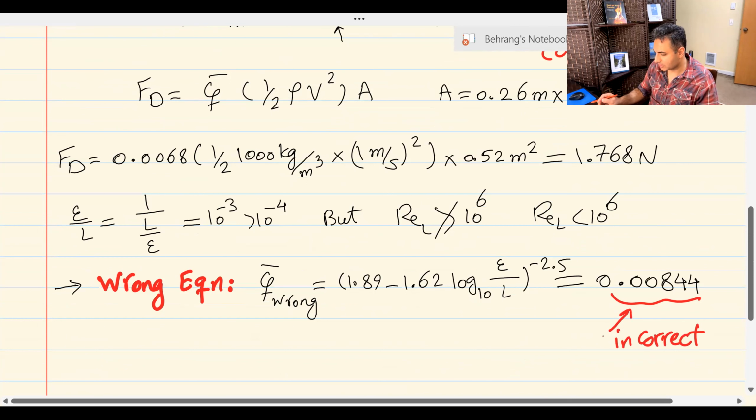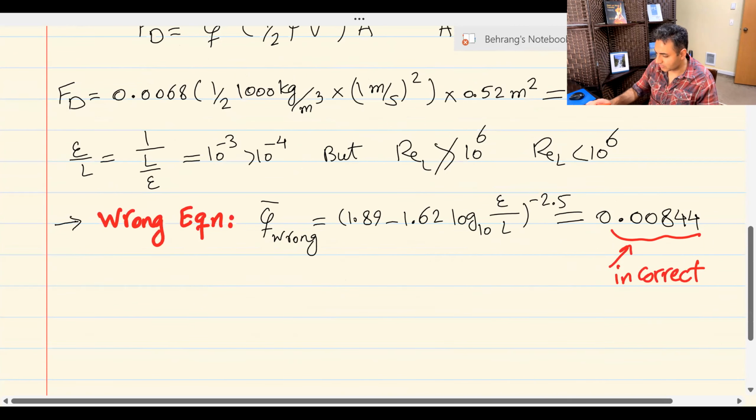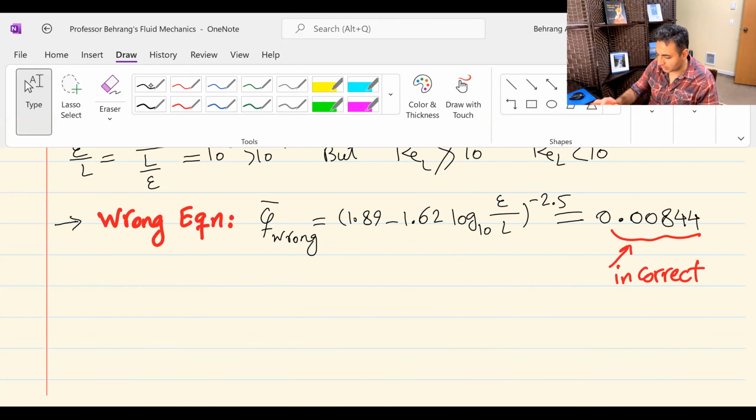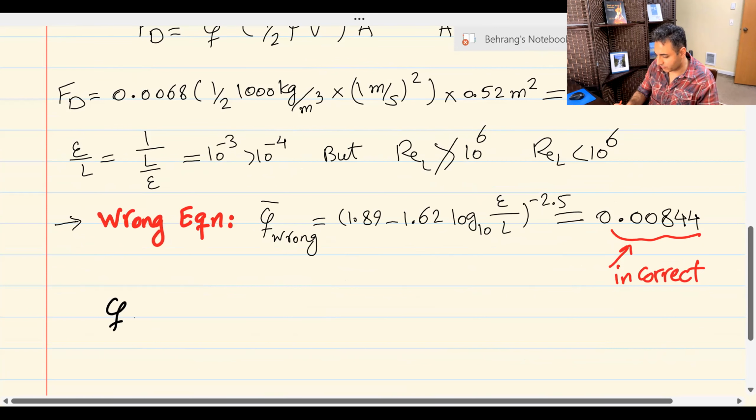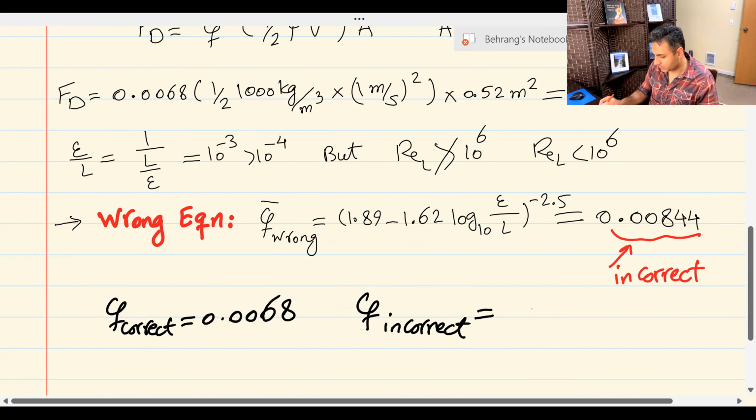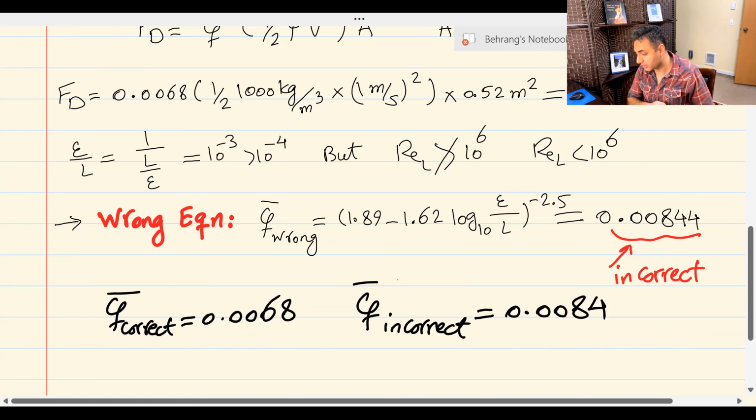You can see a difference that is not negligible. So CF correct happens to be 0.0068, and CF incorrect happens to be 0.0084. There is a huge difference, a big error in this case.